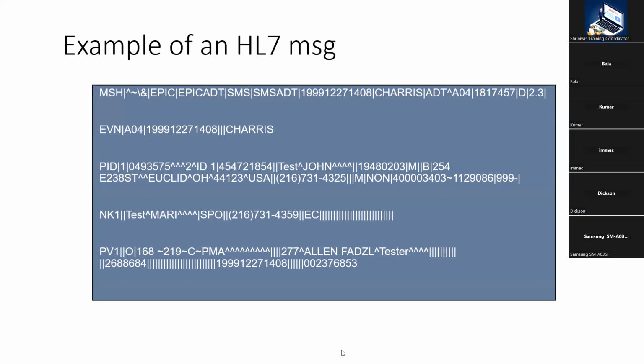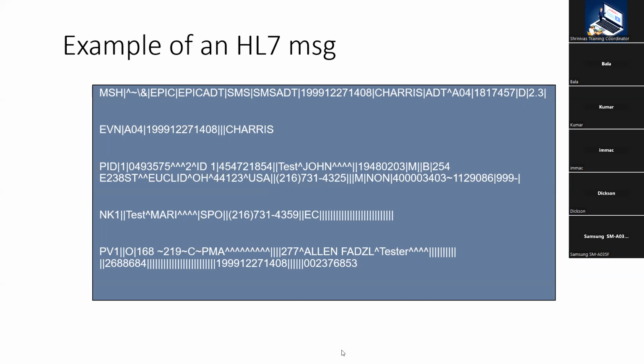But if you just know HL7, you can become a business analyst or product owner, where you don't need to be technical, where you can know about HL7 and draft all the business requirements and create business requirement documents. So that is another role, which is a non-technical role.